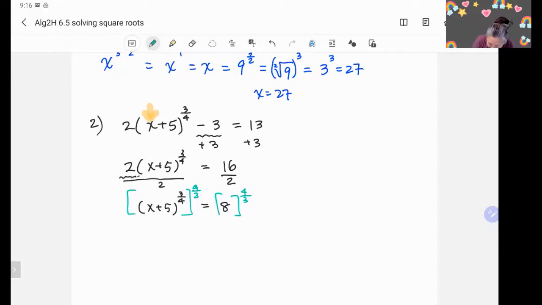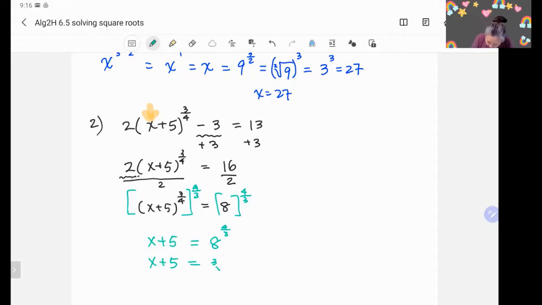I already showed what happens in the power rule of exponents, and we get rid of the original exponent 3/4, and then it's x plus 5. And this is 8 raised to the power of 4/3, where the denominator is 3.